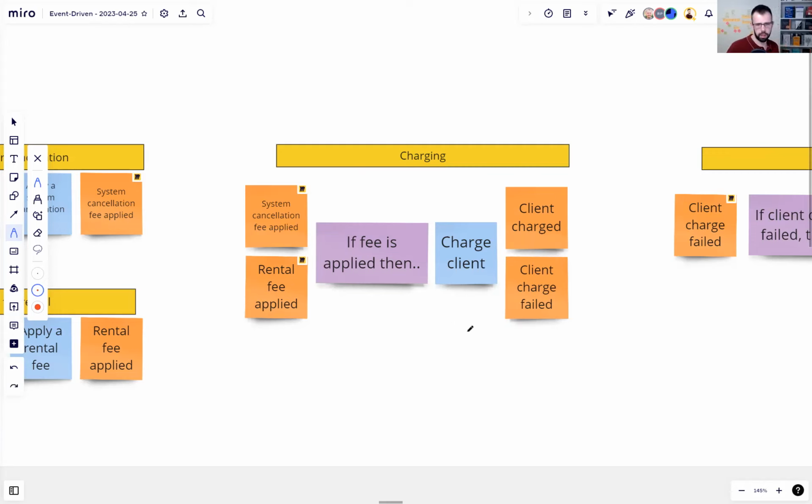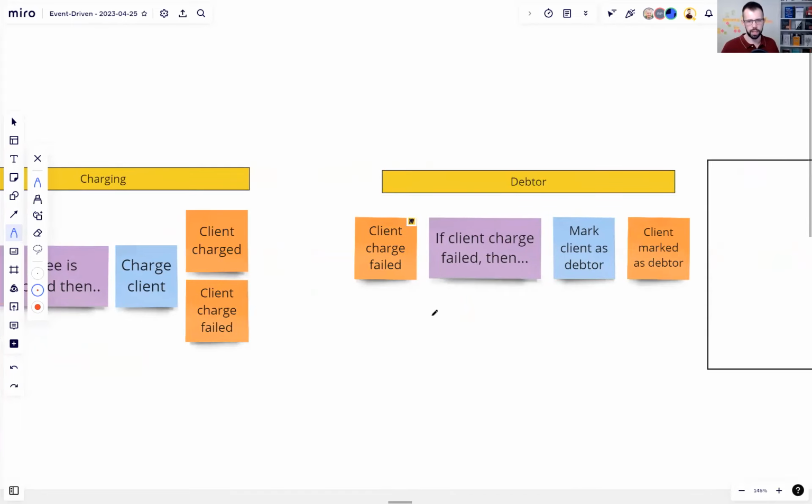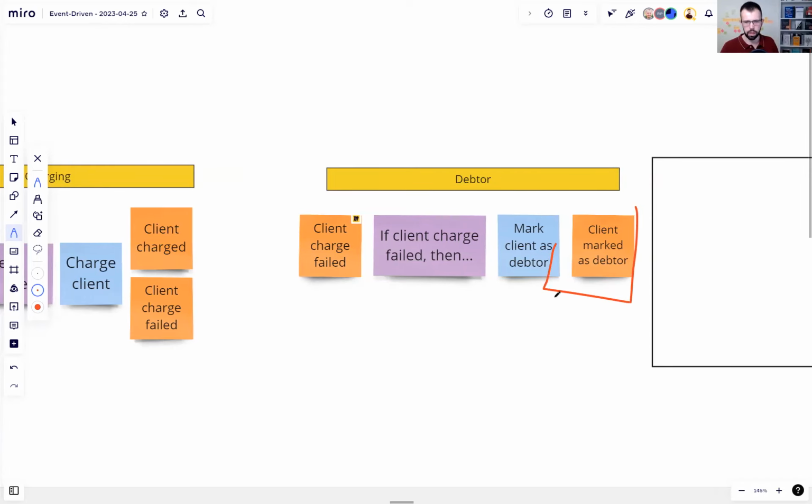So we have events from this command: client was charged, or client wasn't charged, charge failed. And only to the second event, another process will be run. So if the client charge failed, then mark client as a debtor, and you have another event there.